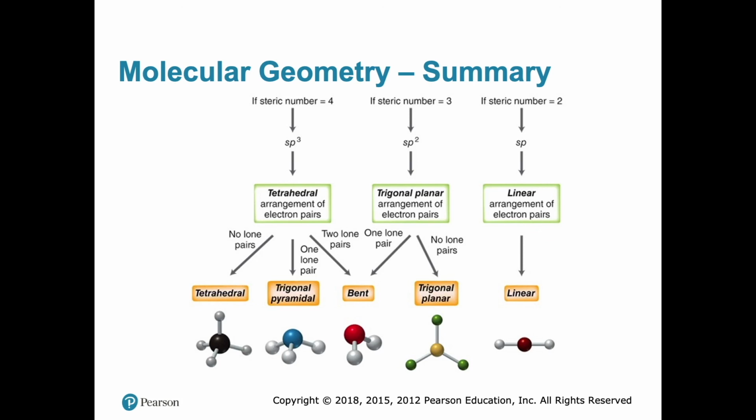And then 2 lone pairs, bent. Or over here, sp2, steric number 3, it's going to be trigonal planar. If it has 1 lone pair, it's bent. No lone pairs, it's trigonal planar. And then steric number 2, sp hybridization, linear. It's linear, and it's linear.